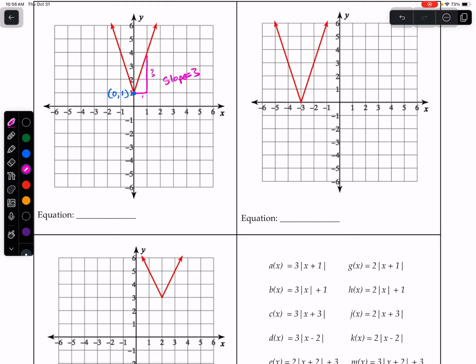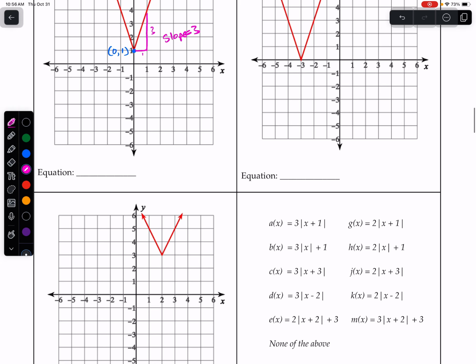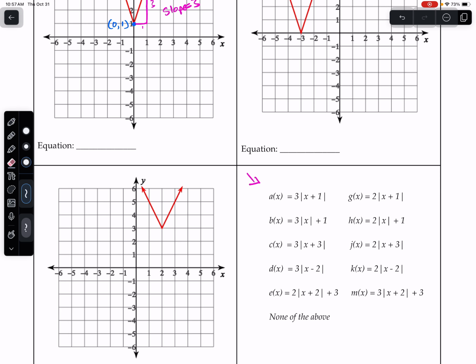And here, what it means is down here when I look at all the equations, normally y equals the absolute value of x has a slope equal to 1 or negative 1, depending on which side of the graph you're on.